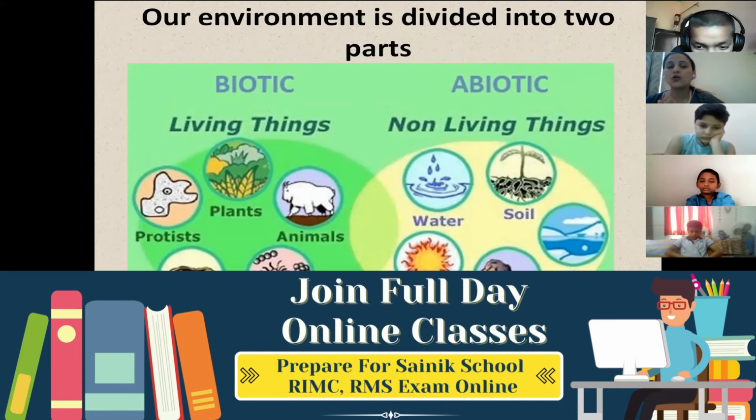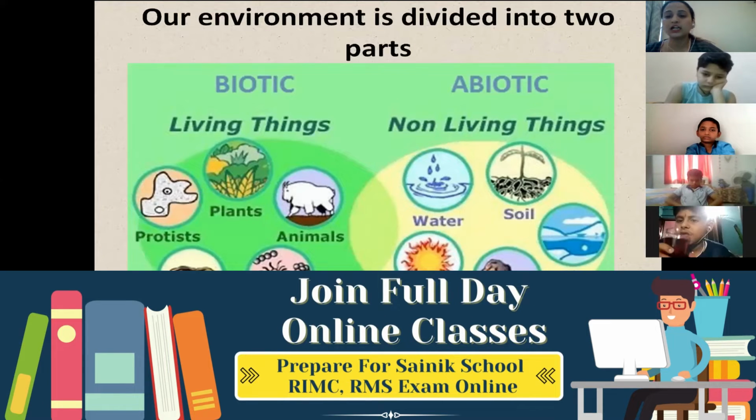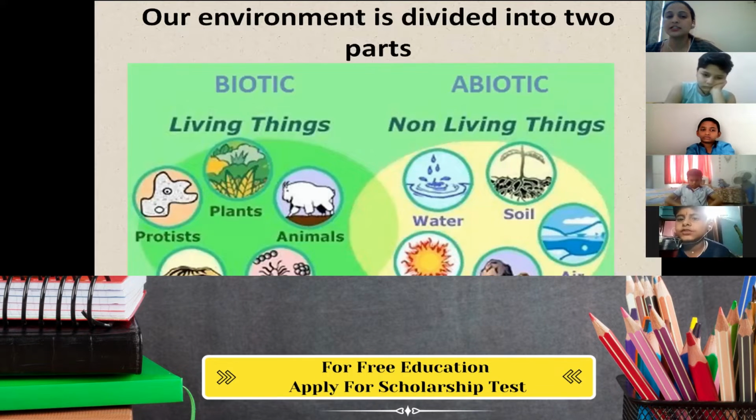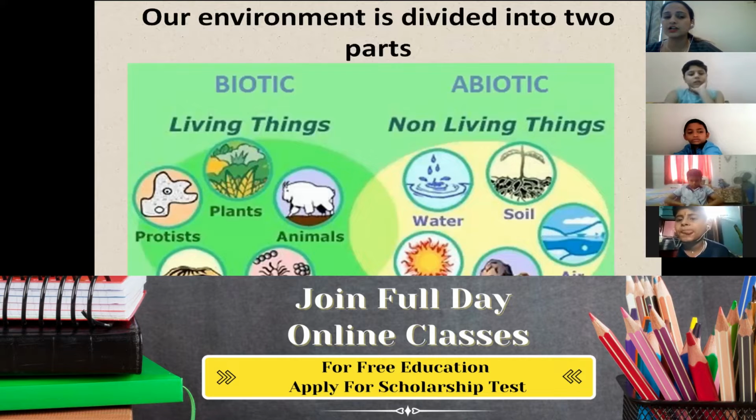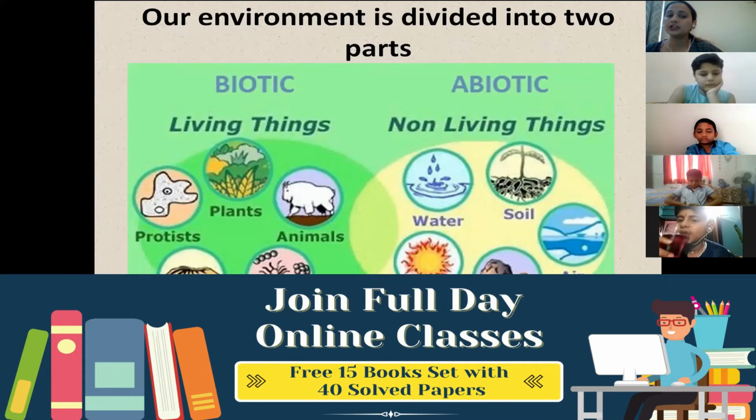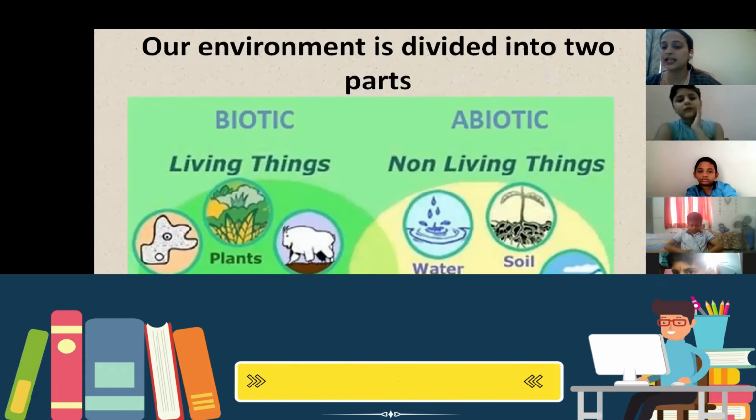Biotic components are all living things and abiotic are all non-living things. Biotic things are living things like plants, animals, human beings, bacteria, fungus, protozoa, algae, which have life. Abiotic things do not have life, like water, soil, air, minerals, light.